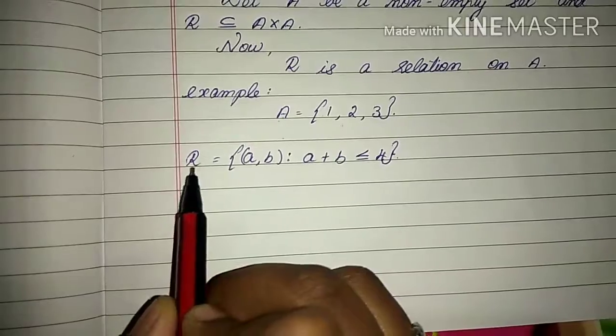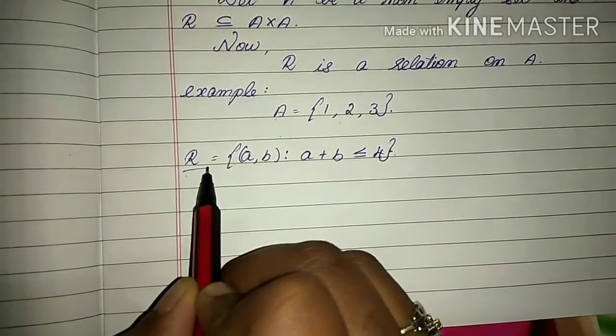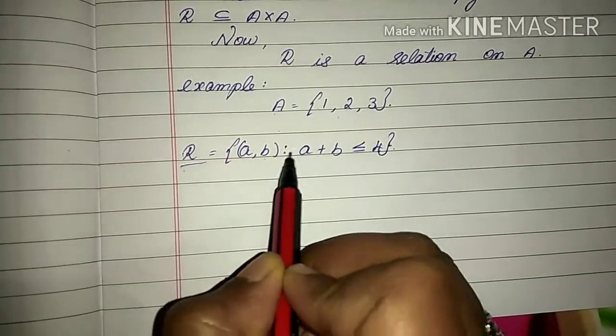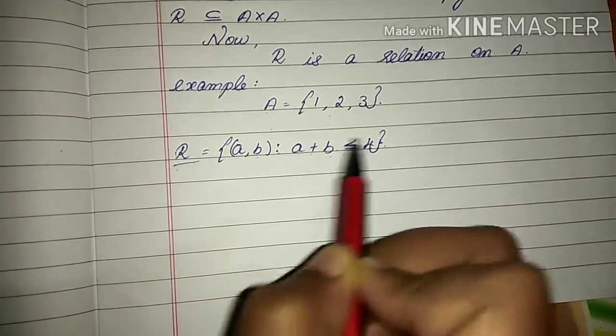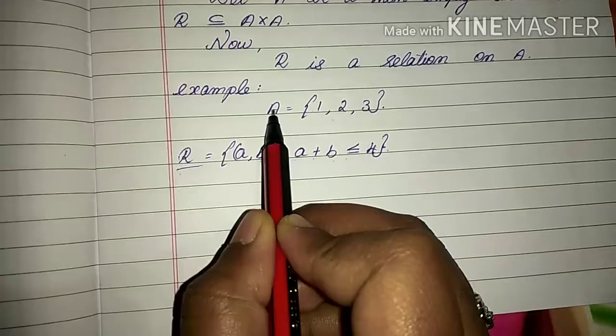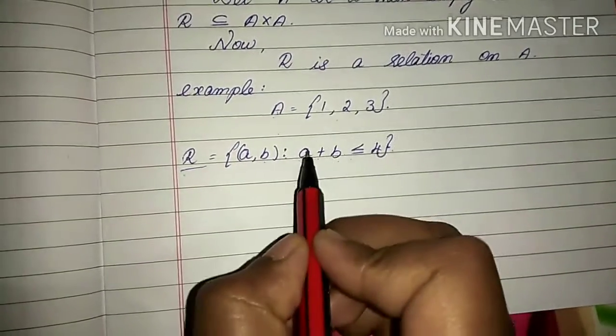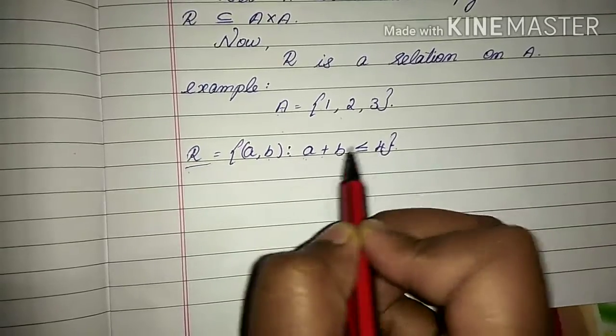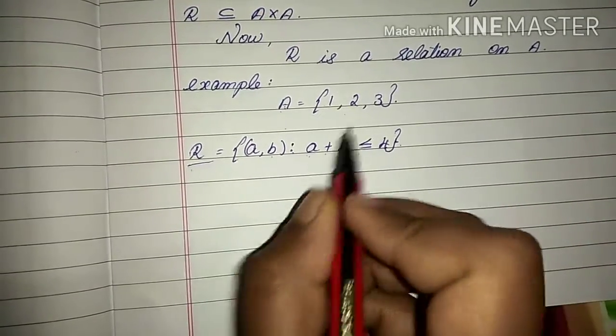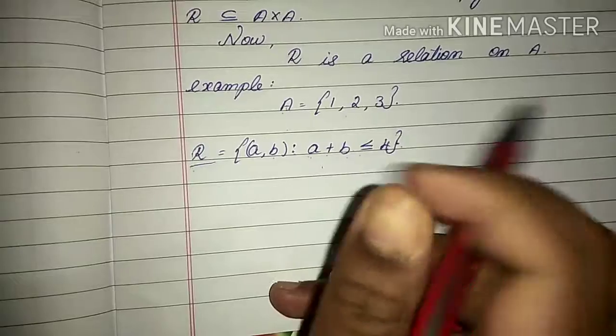Now when I take R, that is a relation {(a, b) such that a plus b is less than or equal to 4, where a, b belong to A}. So if I add any two elements, I should get an answer less than or equal to 4. So what all numbers I can take, now I have to see.